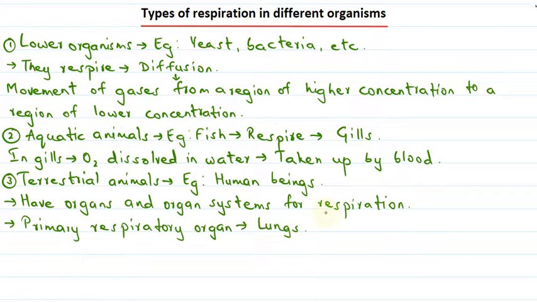These organs and organ systems are very delicate and hence they are protected by being present inside the body. As the surface of these organs is very fine and delicate, this surface helps in the exchange of gases. Okay, so the surface of these organs helps in exchanging gases in case of terrestrial animals.